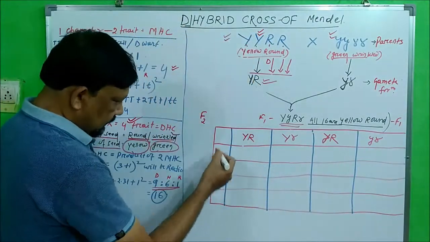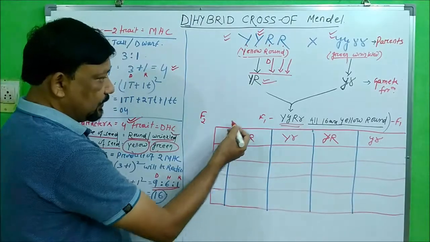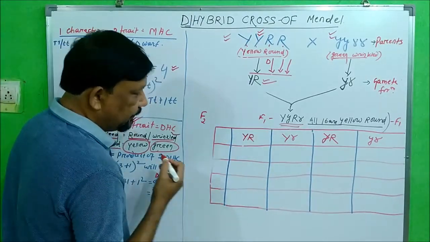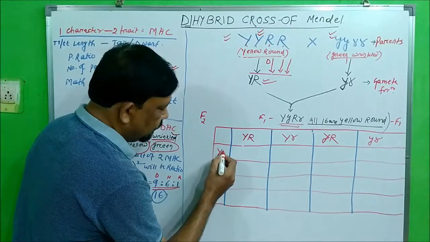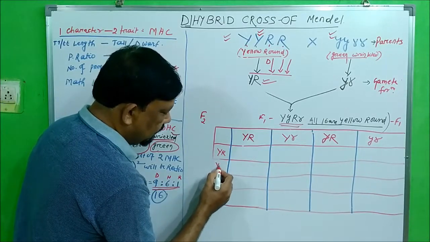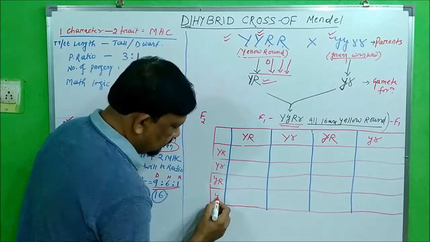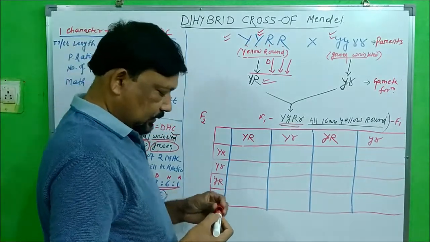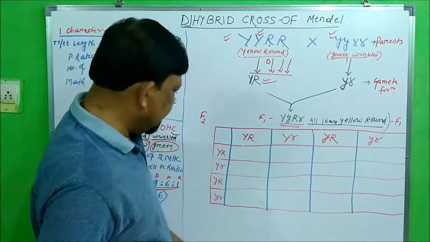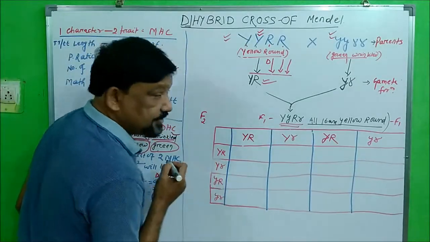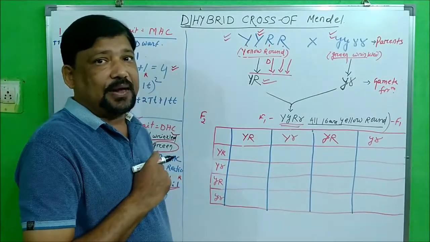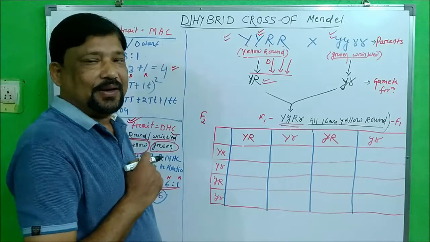In the same way, another gametes will form, another parent will form gamete like this, YR, YR, small y, capital R, small y, small r. Now you fill this box, you will get all 16 products, phenotype as well as genotype.